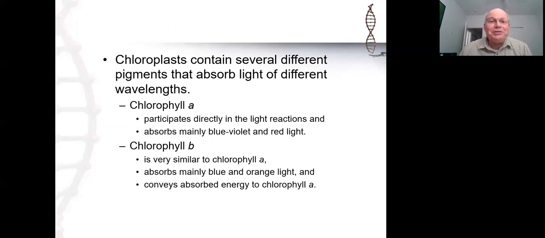Well, how it ties together is because of the way in which the chlorophyll actually captures light energy. There is a portion of each chlorophyll molecule, and there are two different types of chlorophyll molecules called chlorophyll A and chlorophyll B, that are responsible for capturing light energy.